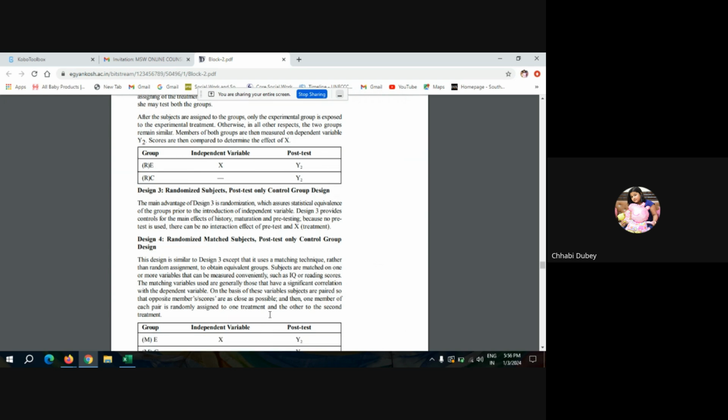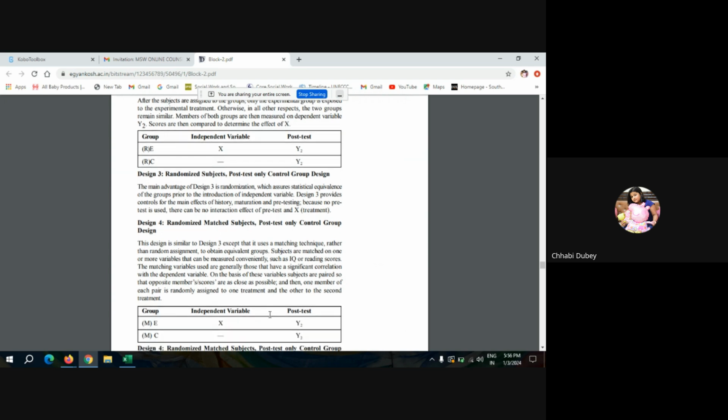Another fourth design is known as a randomized matched subjects post-test only control group design. This is similar to the upper design, except that it uses a matching technique rather than random assignment. Subjects are generally matched on one or more variables that can be measured conveniently.